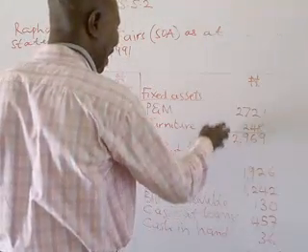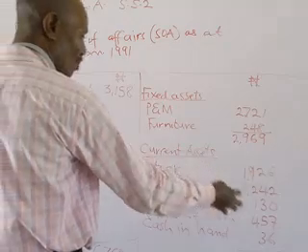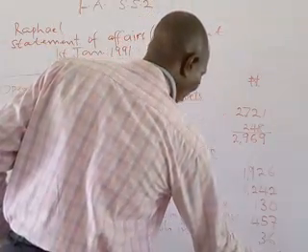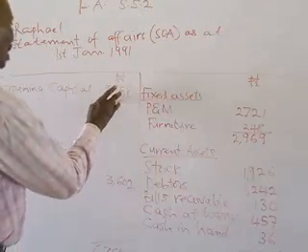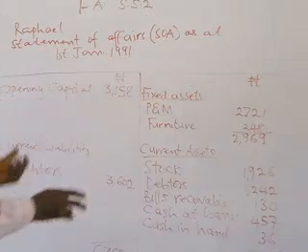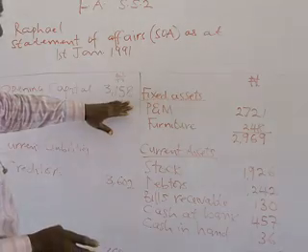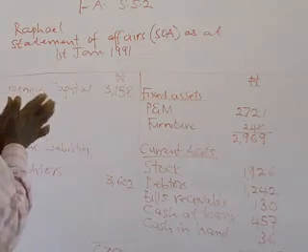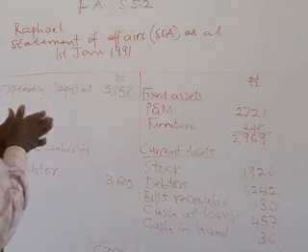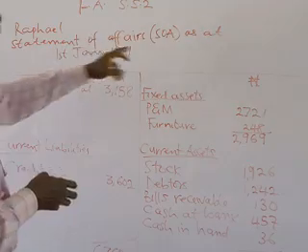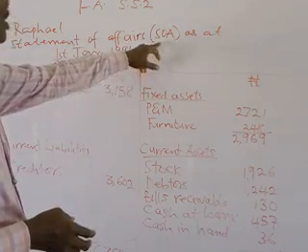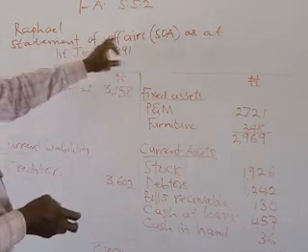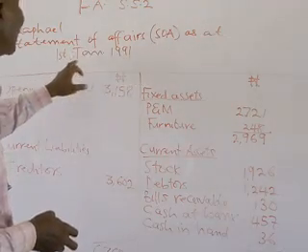We have 6,760 minus this, which gives you the opening capital. What we have just done is prepare what is called SOA in short, the Statement of Affairs as at 1st January.